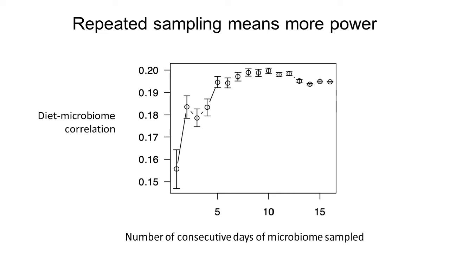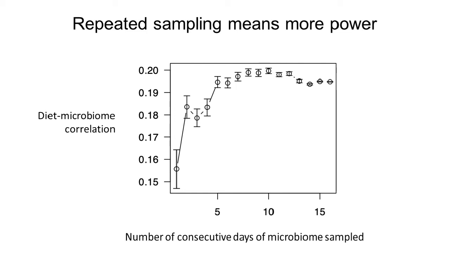And then I get another boost once I get up to 5 and maybe a little boost as I get up to 7. And this is something that actually was shown recently in another study, that if you collect multiple days of microbiome and average them, you increase your power quite a bit.